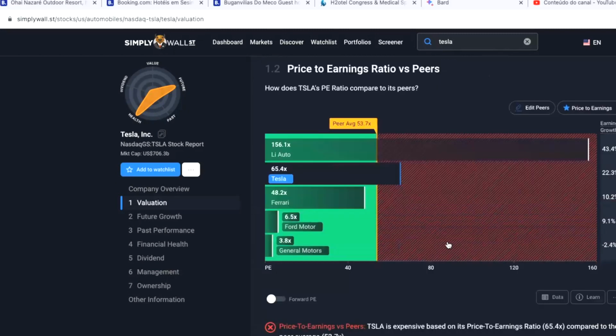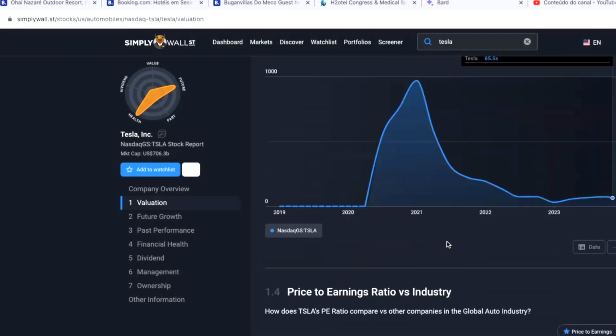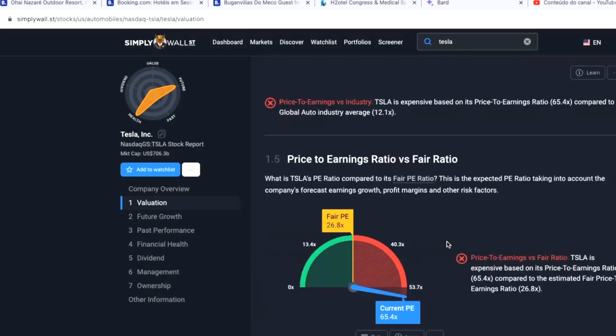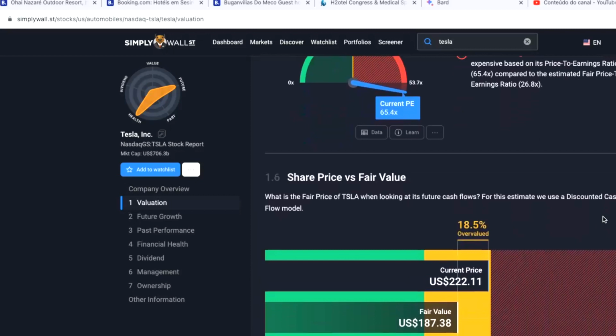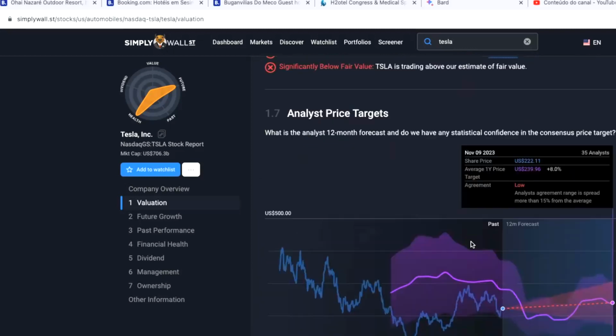After this, I look at the valuation of the company in terms of the discounted cash flow model, whether it's overvalued or not overvalued. So I also look at the price target that the company has for the next year.